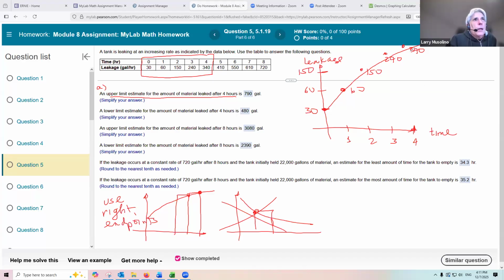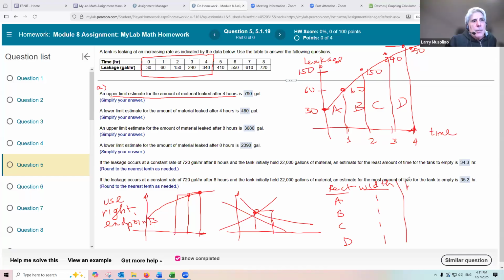All right, well, for rectangles, let's mark this as A, B, C, D again. A, B, C, D. Here's my table. The width of each is 1. The height is going to be the right endpoints, which they gave me in the table. So for rectangle A, it's going to be 60.